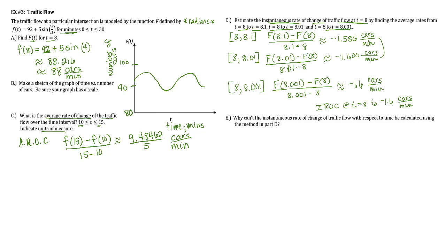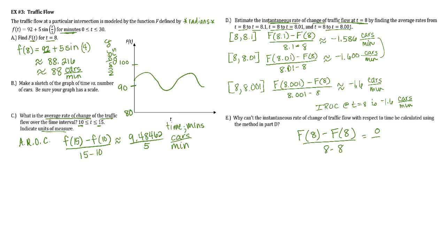Right? Now let's look at part E. And part E asks us, why can't the instantaneous rate of change of the traffic flow with respect to time be calculated just using the method in part D? Well, if we just do one number, wouldn't we get something like f at 8 minus f at 8 over 8 minus 8?